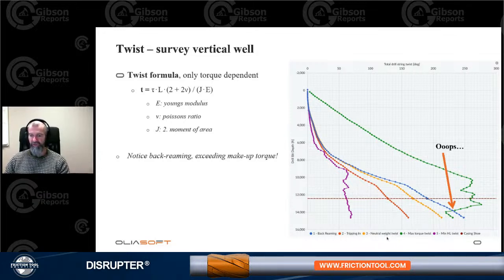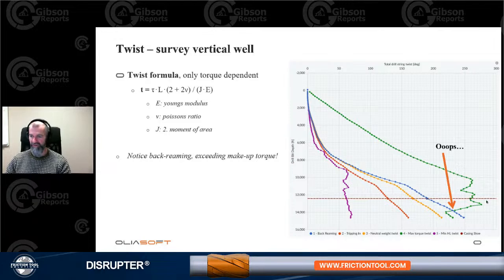But of course here we can also take a look at the neutral weight, also called ROB, rotating off bottom. And I've also plotted the maximum torque twist line. So in most analyses, when you look at torque plots, you will have a maximum torque line as well. And from that line, you also can calculate the twist.